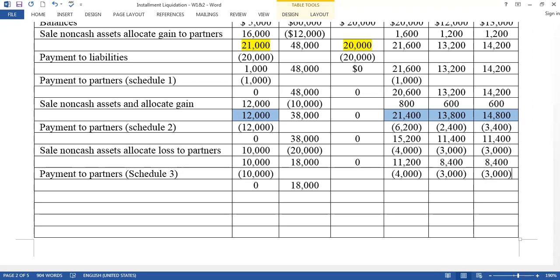So what is the balance now after paying them? It is 7,200, then 5,400 and 5,400.